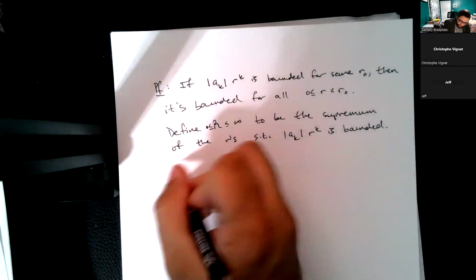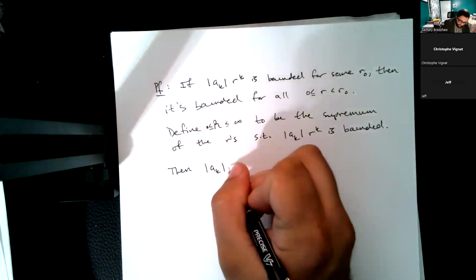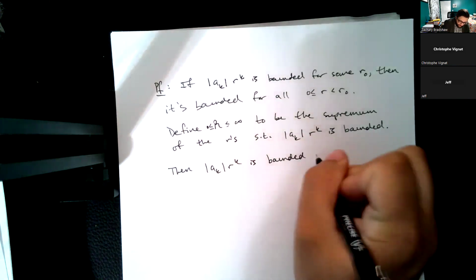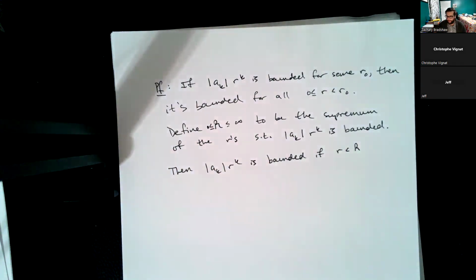Then ak r to the k is bounded if little r is less than big R, just by construction. This is how we're defining capital R.